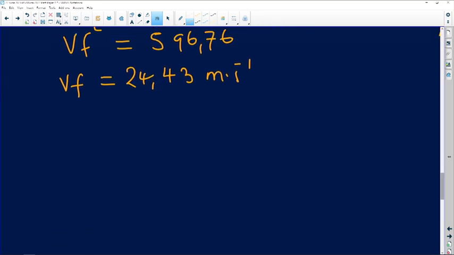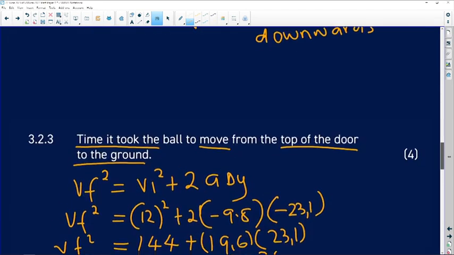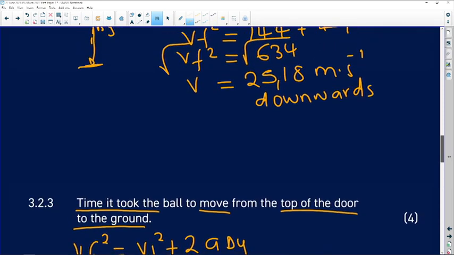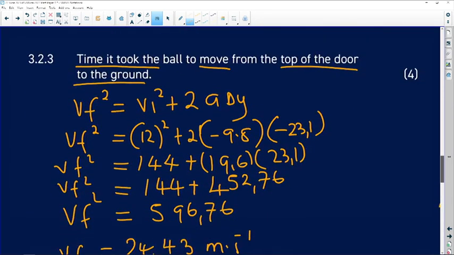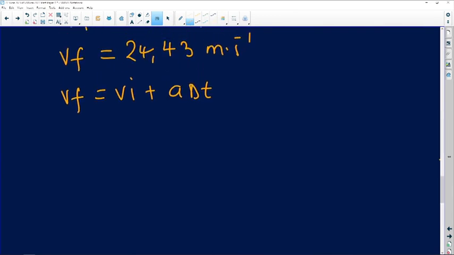We're looking for time. So we can say Vf equal to Vi plus a change in time. Do we know our Vf? We did calculate our Vf in question 3. This is 25.18 and it's negative because it's downwards. So we do have our Vf there.